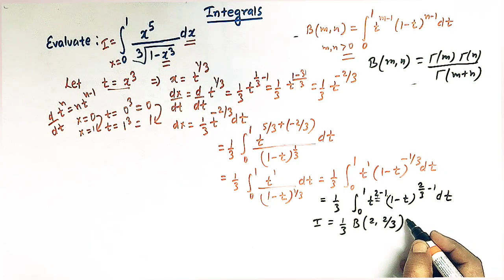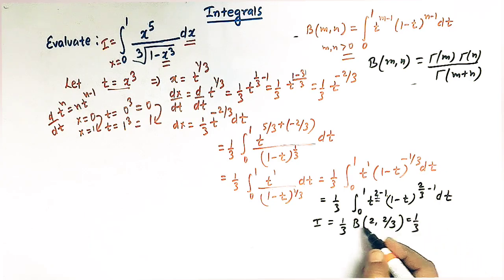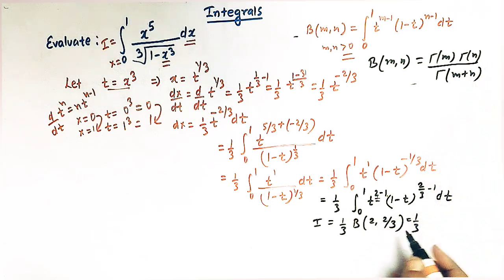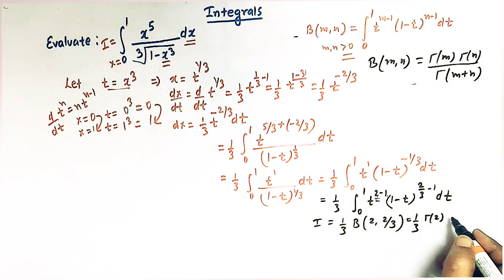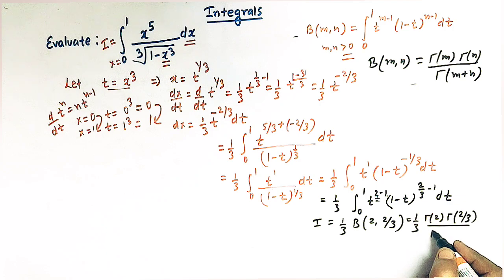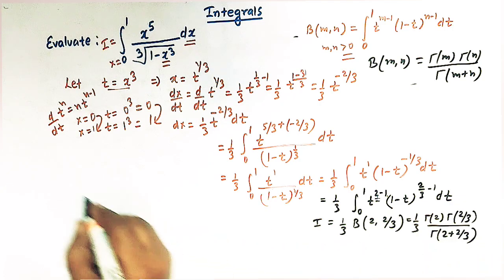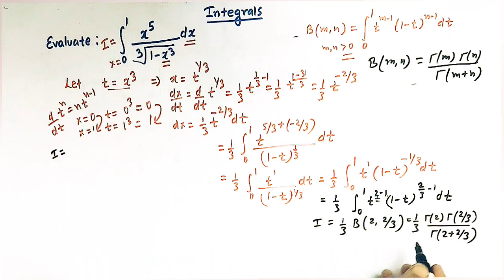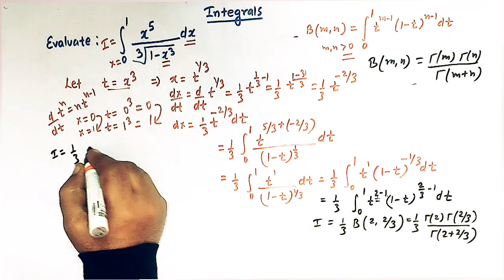Now we can write here 1 over 3, and using this result we have gamma 2, then gamma 2 over 3 divided by gamma 2 plus 2 by 3.